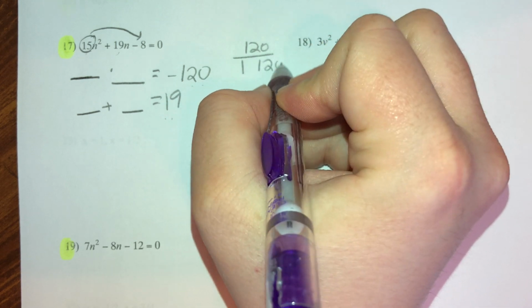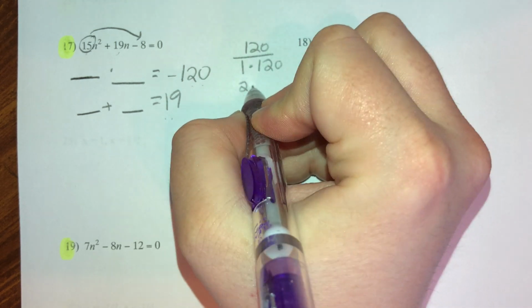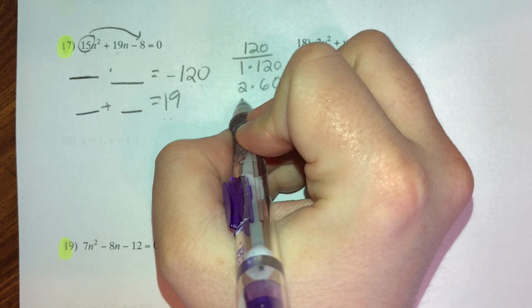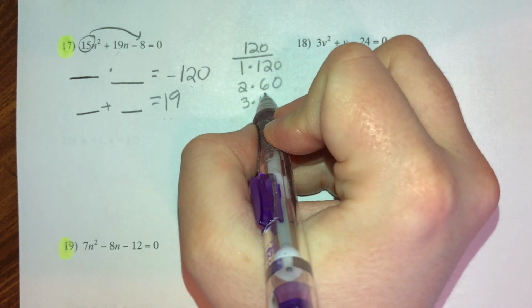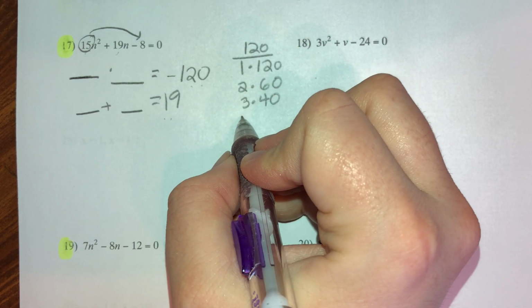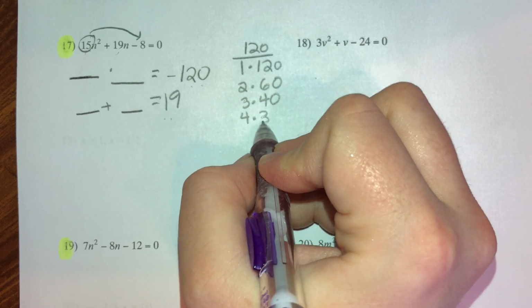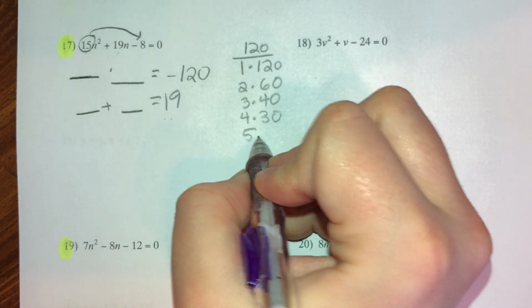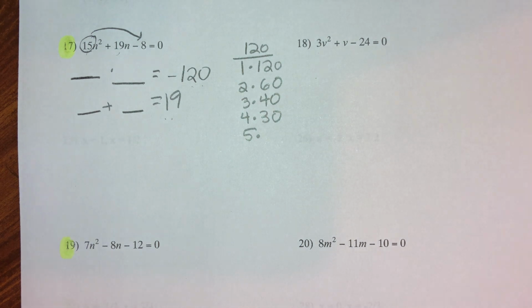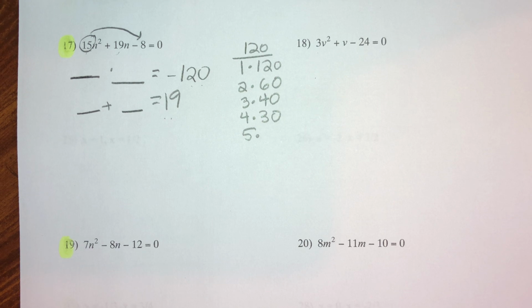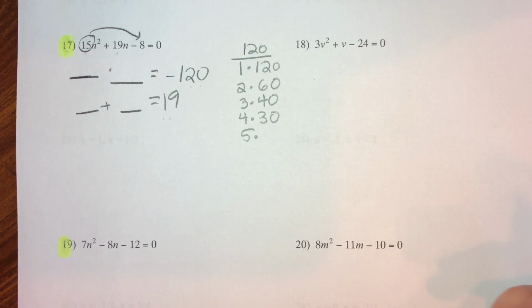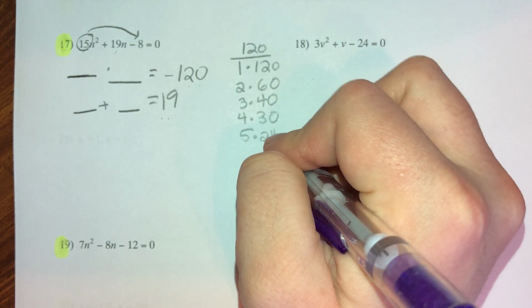So 1 times 120, 2 times 60, 3 times 40, let's see, 4 times 30, 5 times, let's see, and 24.